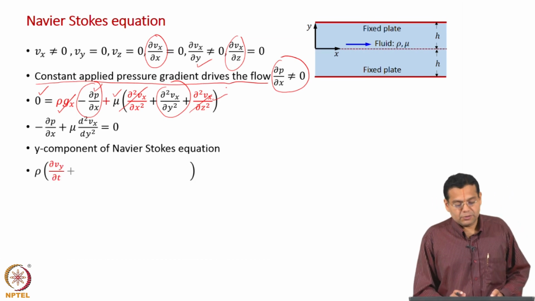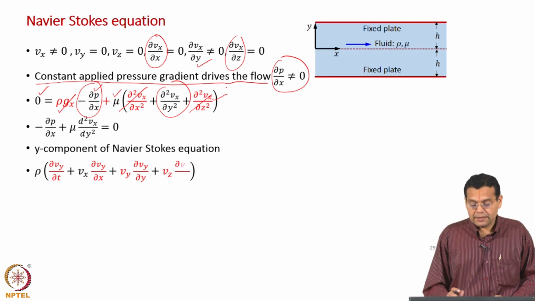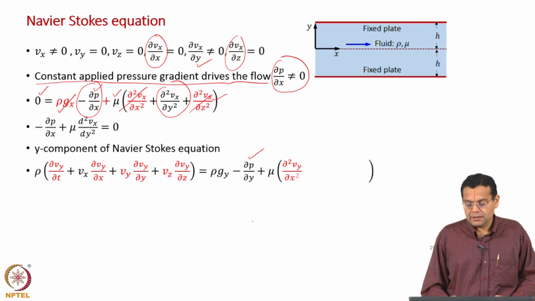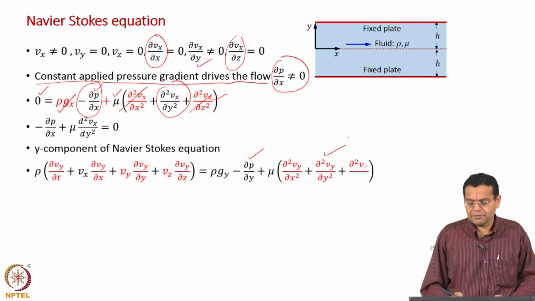By is 0, so the left hand side is 0, okay. And in the right hand side we do have the gravity term rho gy, of course we have the pressure gradient term, and of course the viscous stress terms are 0 because Vy is 0.